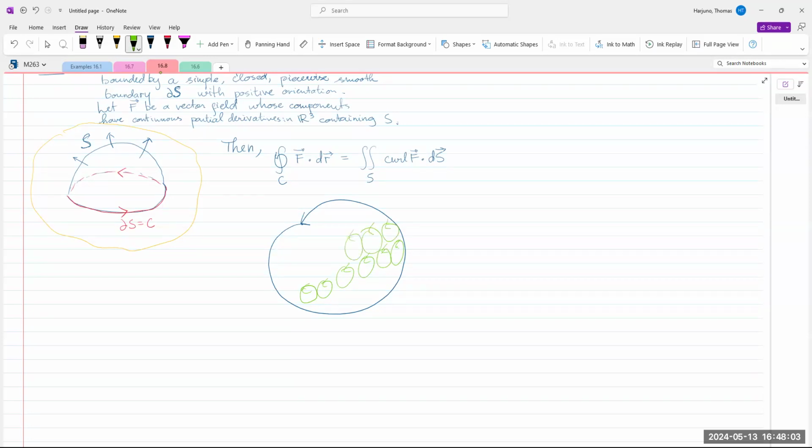So you see on this surface, in the interior of the surface, also right at the boundary, actually everywhere, you have the curl of the force field or the vector field. Now what happens is that the curl from this one, for example, is being cancelled by the curl from here.